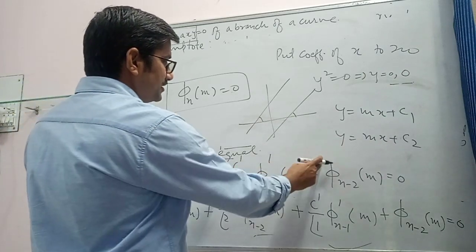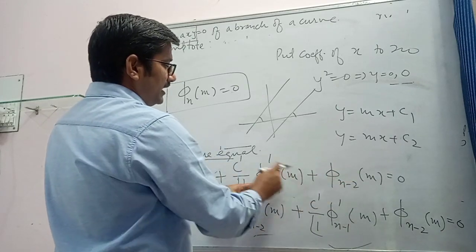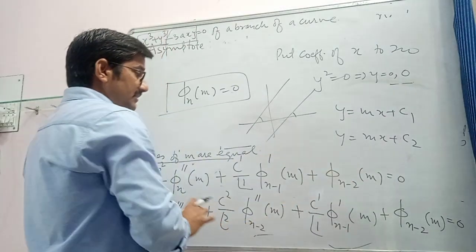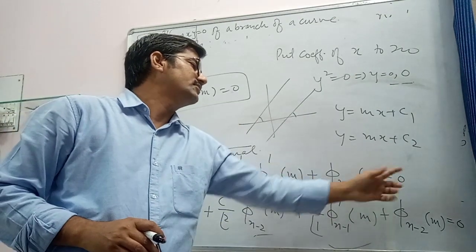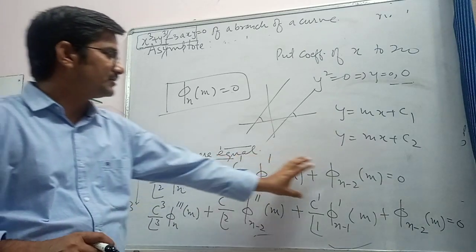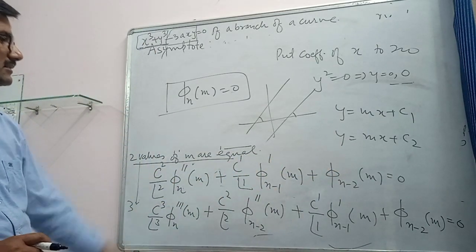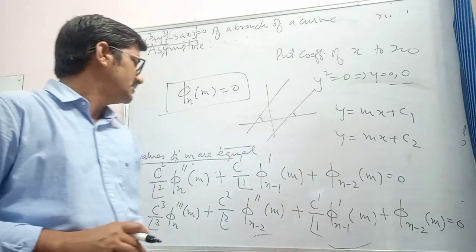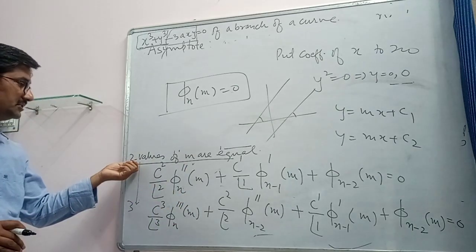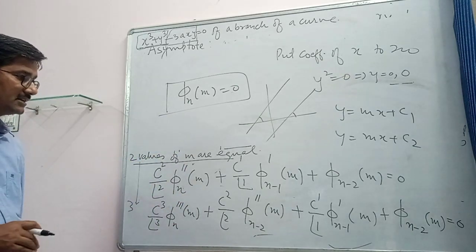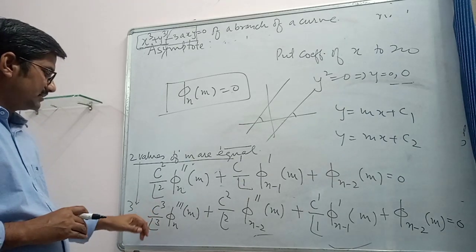And similarly c to the power 0 means it is 1, factorial 0 is 1, phi n minus 2, and remove the prime. As all the primes are removed, you get the last term. If you solve this quadratic equation in c, you will get the two different values of c. Similarly, you can start with this term if you have three values of m which are equal. Then we have to solve a cubic equation in c.